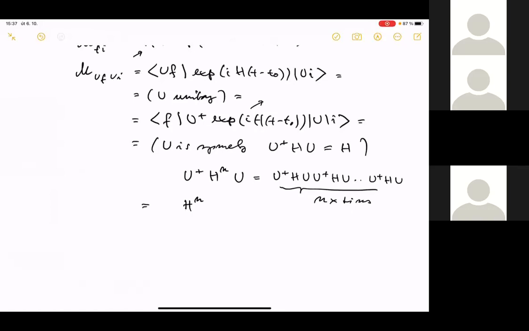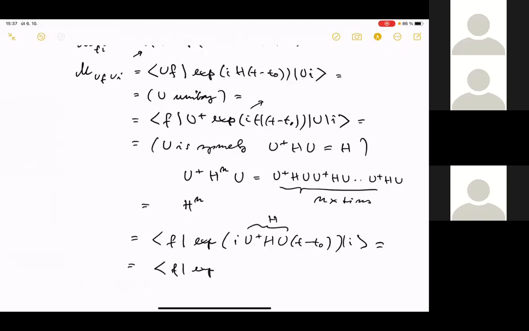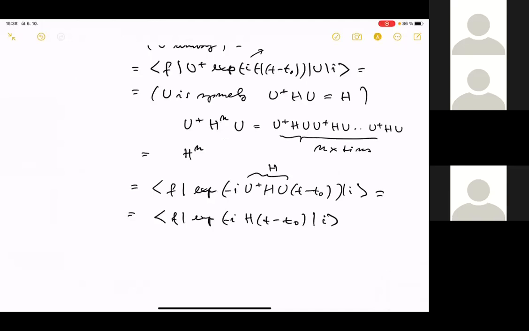So applying this trick to all the terms of the Taylor expansion of this exponential, we get in the end that our amplitude is exponential of minus i U cross H U (t minus t0) acting on I, or f, because this is again the Hamiltonian, exponential of minus iH(t minus t0) I. So we end with the following relation.